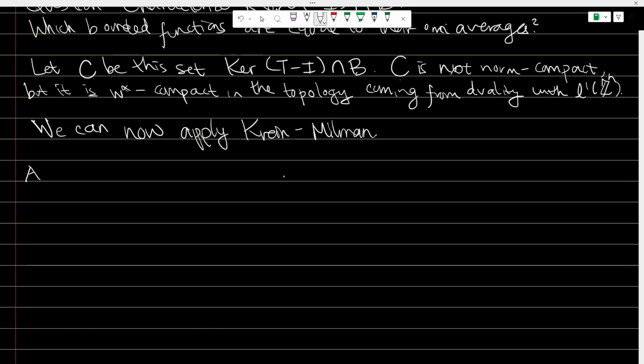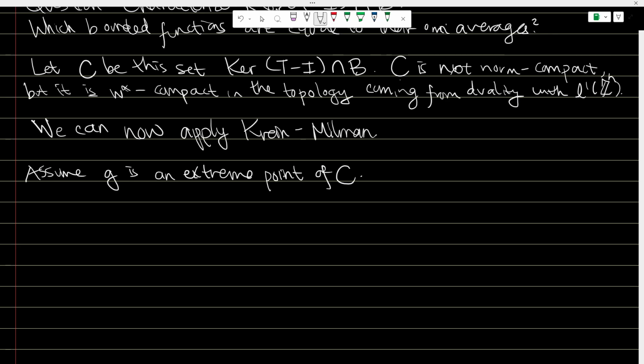So let's assume G is an extreme point of C. I know it has extreme points because of Krein-Milman, and I know if I understand the extreme points, I can understand everything about the set.